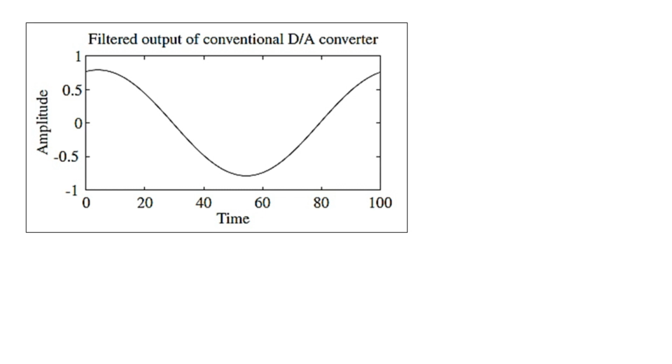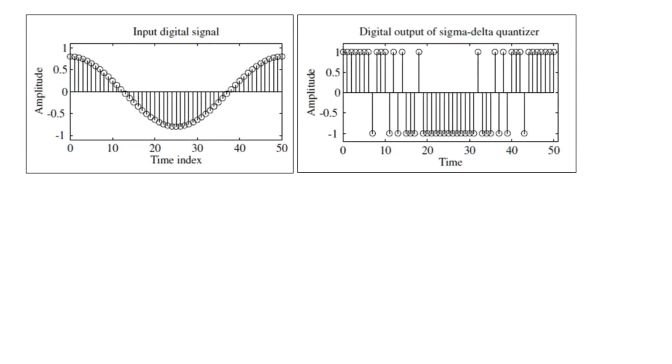So if the frequency is 100 Hz, the Nyquist rate is 200 Hz, and the higher sampling rate we have kept is 5 kHz. The corresponding digital input signal for this procedure, the quantized digital output of the sigma delta quantizer, and the filtered output of the D2A converter are illustrated here.